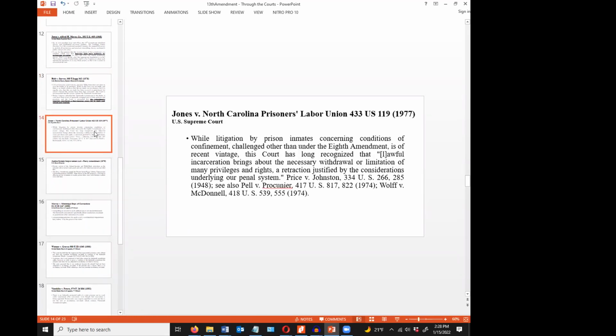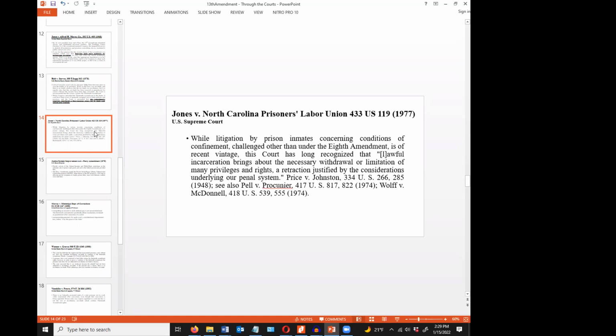So here's another case, Jones versus North Carolina Prisoners Labor Union. You had incarcerated individuals at one prison in North Carolina, and they were trying to form a labor union, and they were trying to make it system-wide. This was a U.S. Supreme Court case from 1977.